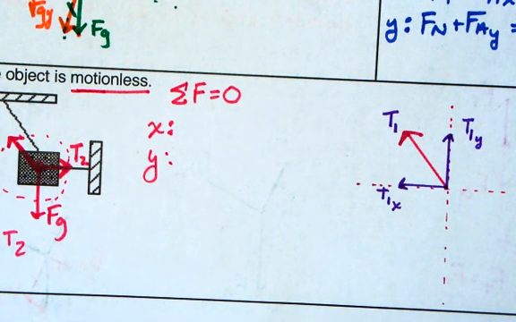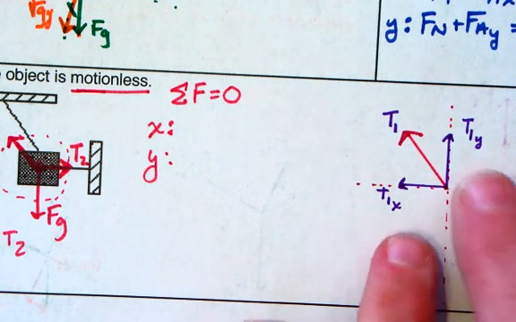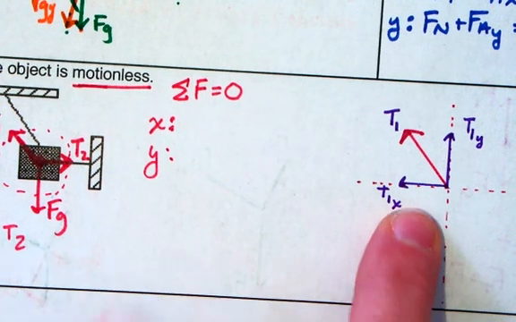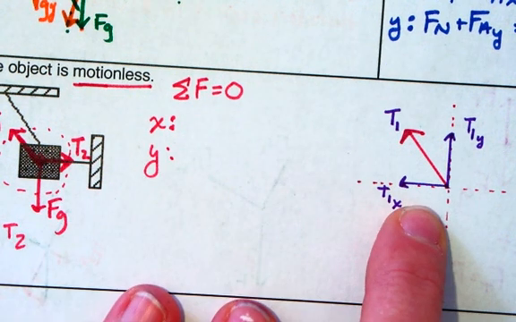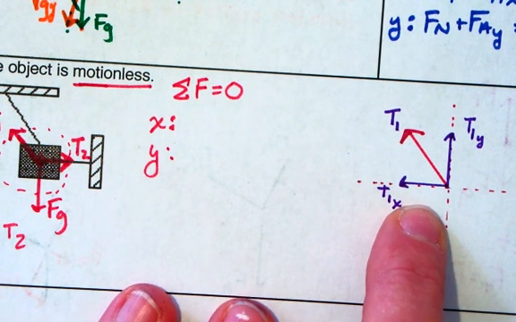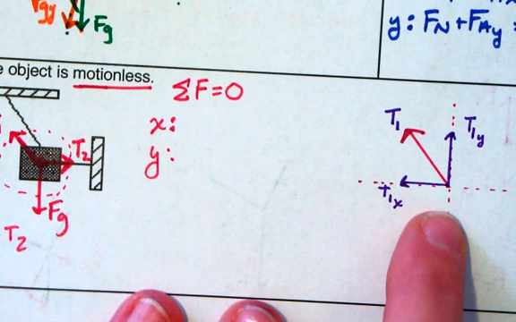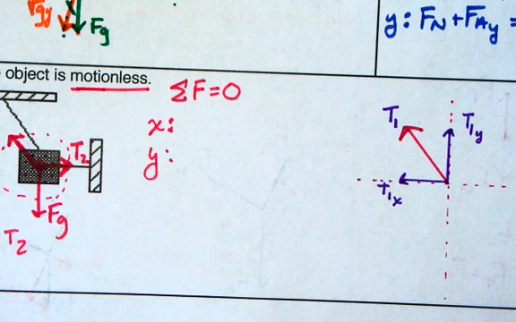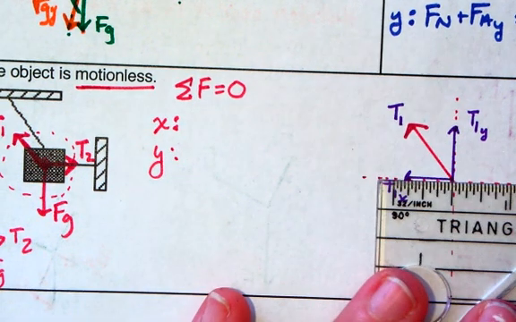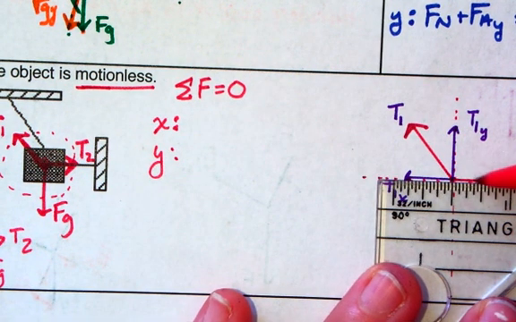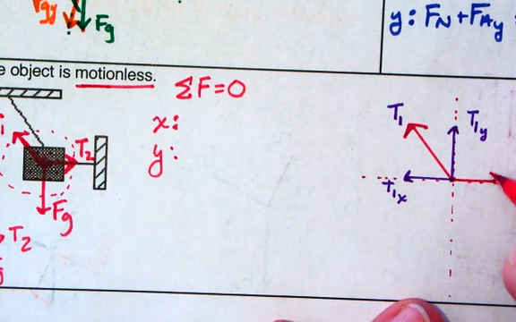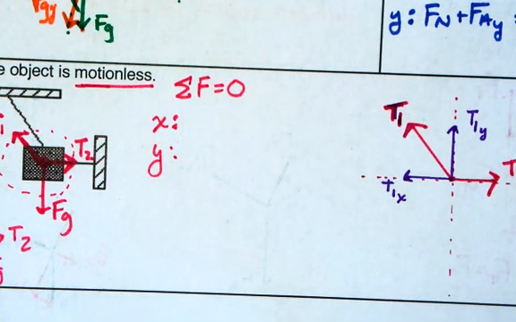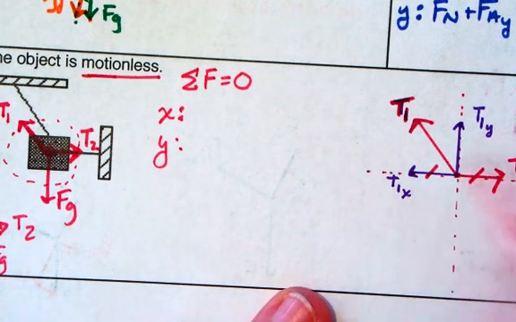Alright, so we have the components, and now we have some XY components happening, okay? So now we can take a look at the X. So I have this X component of my tension. What is going to be the opposite force of my X component of my tension 1? It's going to be T2. And it's got to be equal and opposite. So it's going to be right around here. So this is T2. I should make this T1 here. So that's T2, and I know that's going to be equal and opposite.